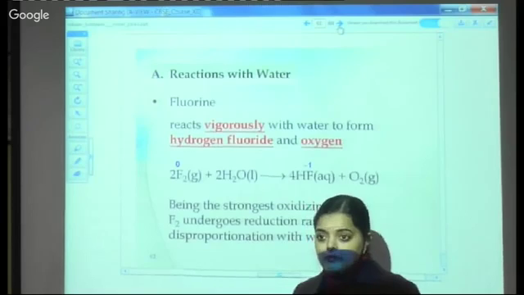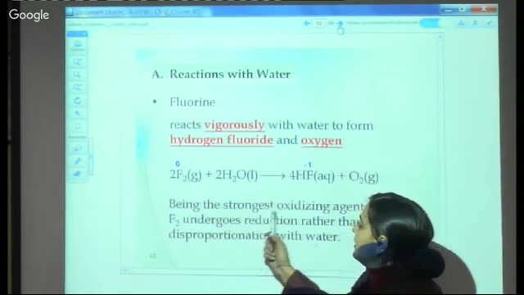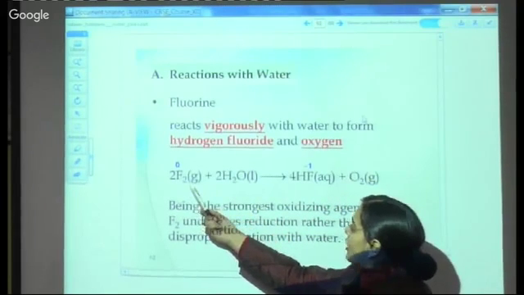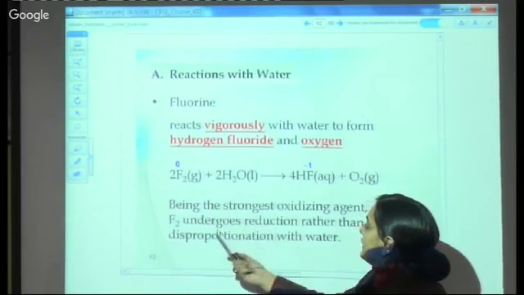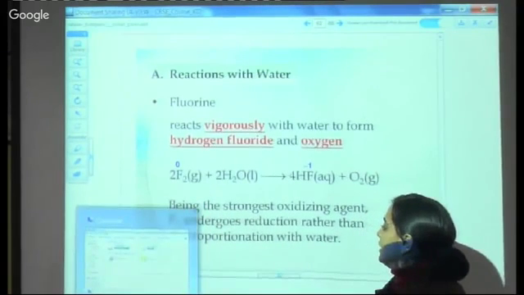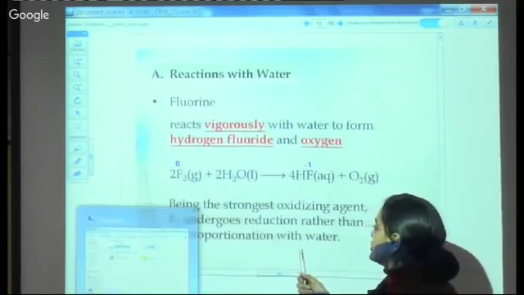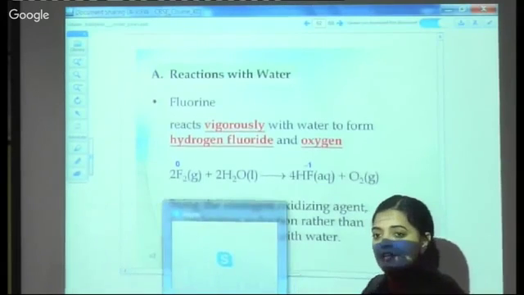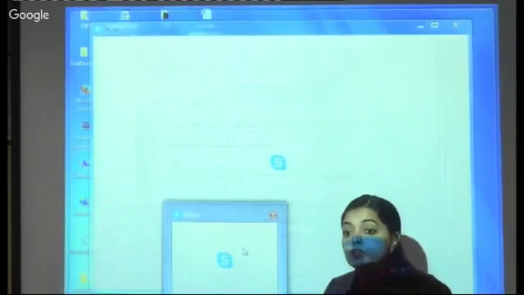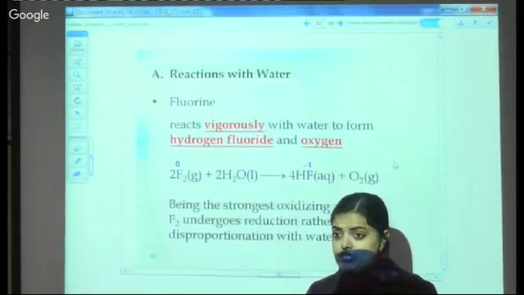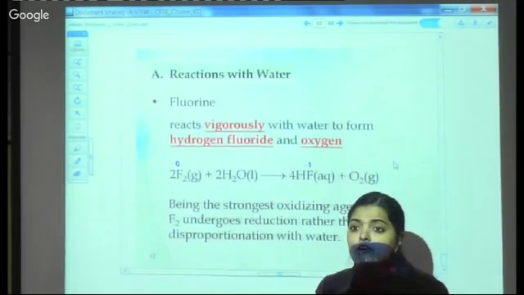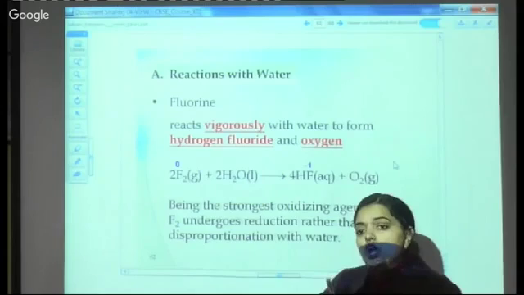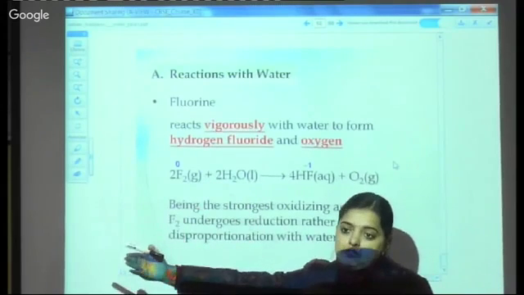Fine. It is so reactive that, being such a strong oxidizing agent, fluorine undergoes reduction rather than disproportionation with water. It itself undergoes reduction, because I told you that it is the strong oxidizing agent. So it will perform an oxidation to the highest oxidation level.